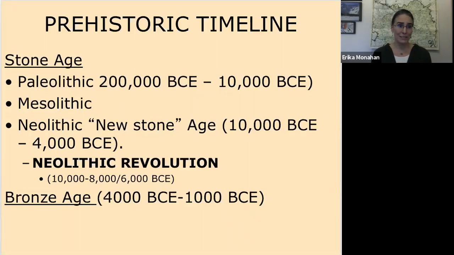Writing emerges, and writing emerges around 3500 BCE. So that's about 5,500 years ago from our time. And also, I should point out, referring back to the problematic aspects of Western civilization as a concept, writing emerges in Mesopotamia.